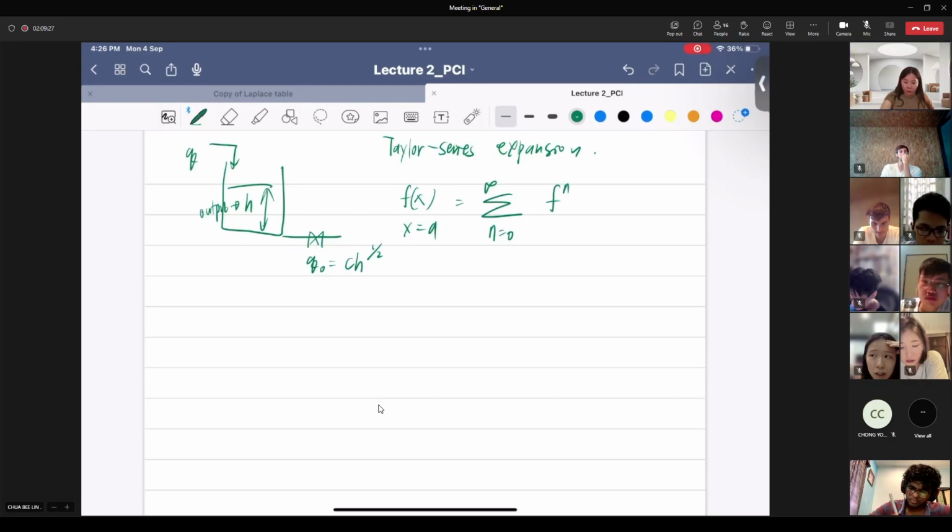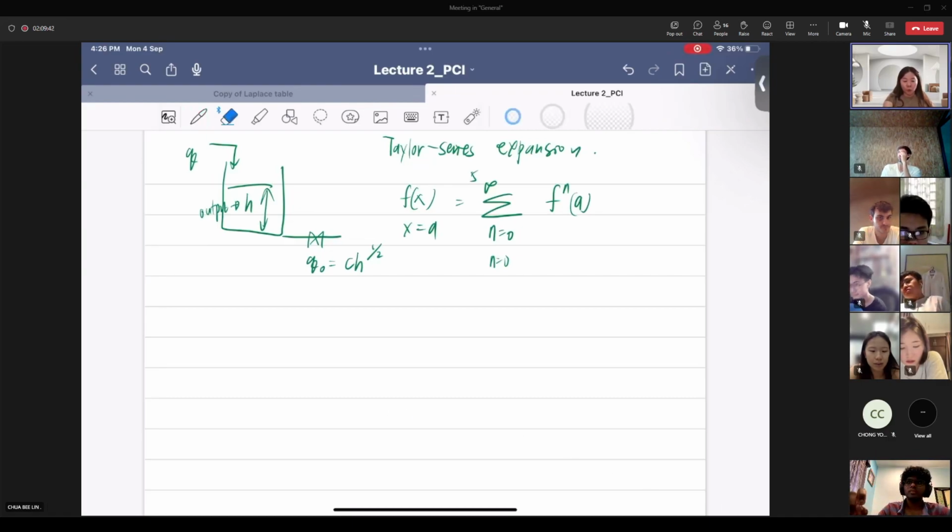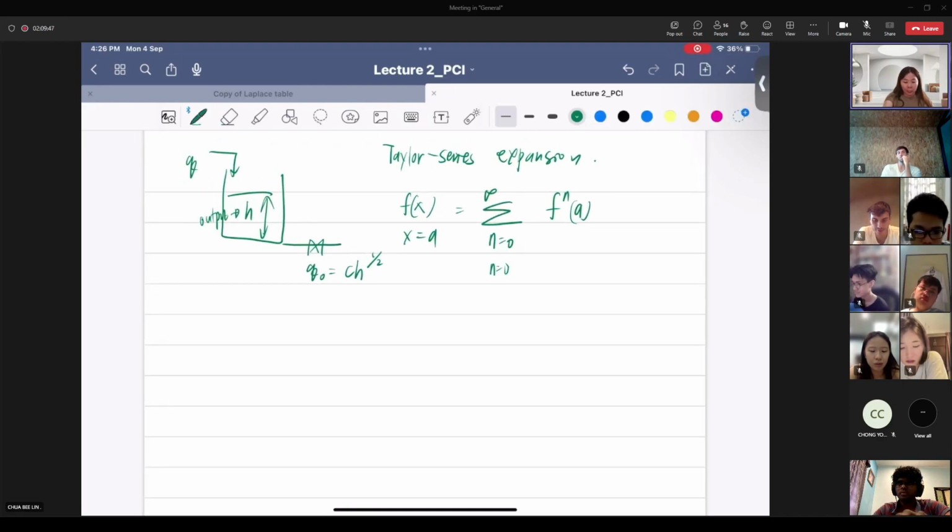If you start from n equals 0 until n equals 5, then it will be the derivative up to the power of 5, and you add them all together. But for this case, we will stop at linear, which means we stop at n equals 1, because we want to get the linear form of h to the power of 1. So your n equals 1.